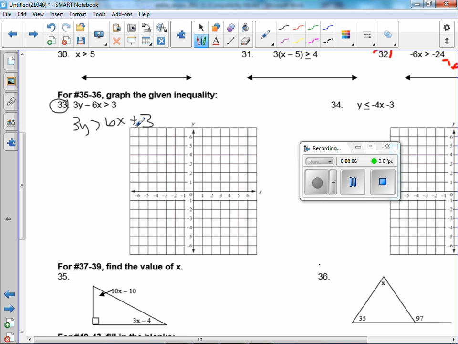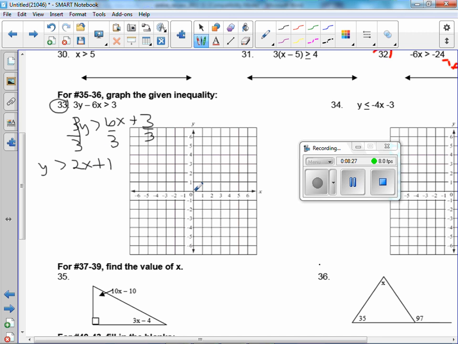Now we're going to divide everything by 3. So now we have, cancel that out, y is greater than 2x plus 1.